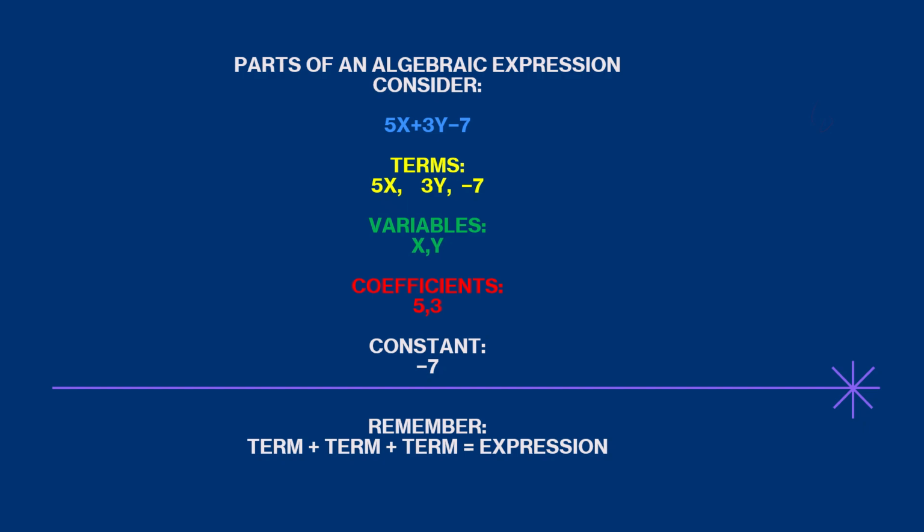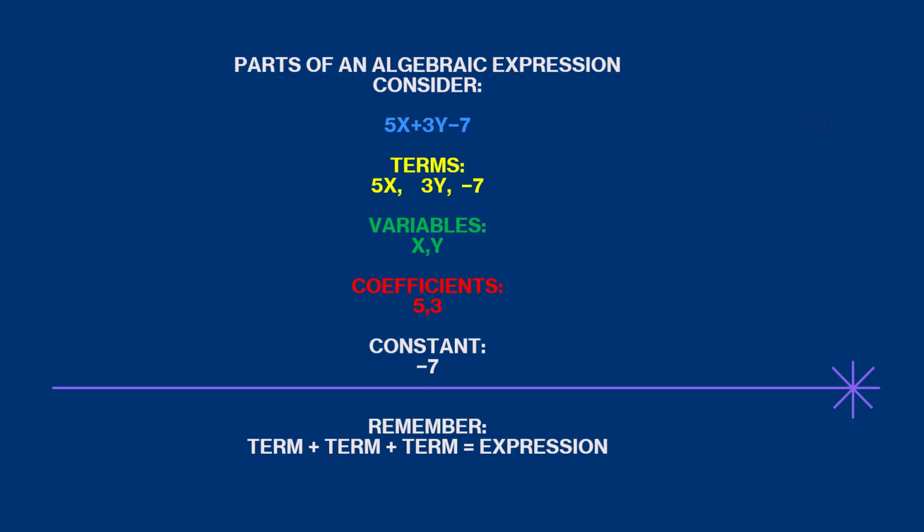Consider 5x plus 3y minus 7. We have these terms: 5x, 3y, and minus 7. These are the various terms that we have in our expression. Variables: when we say a variable, we want to look at the letters that are attached to the numbers in the expression.